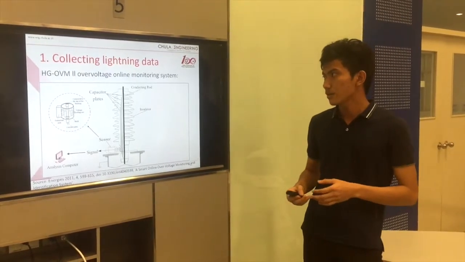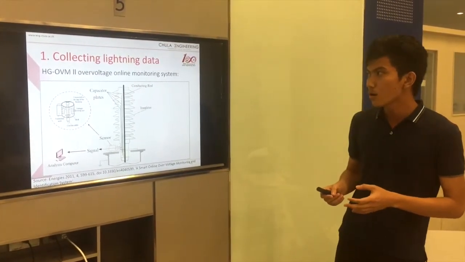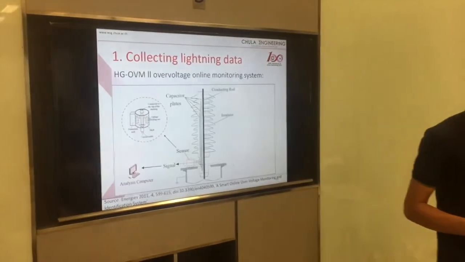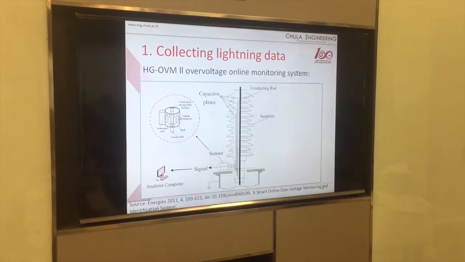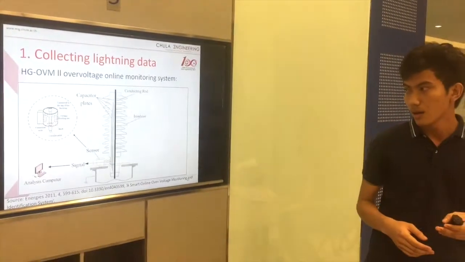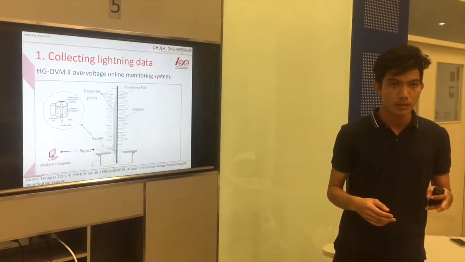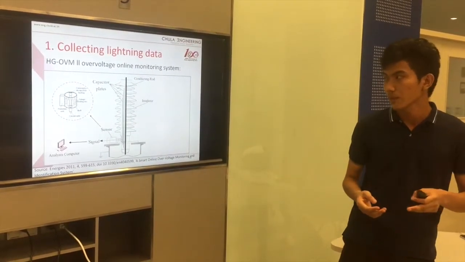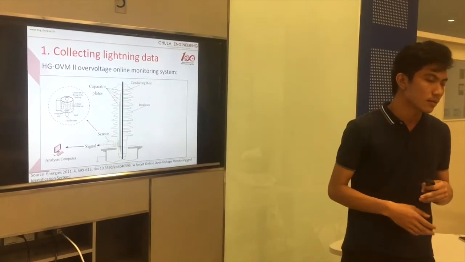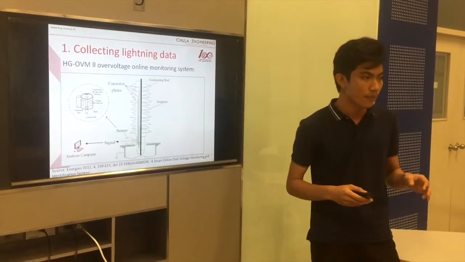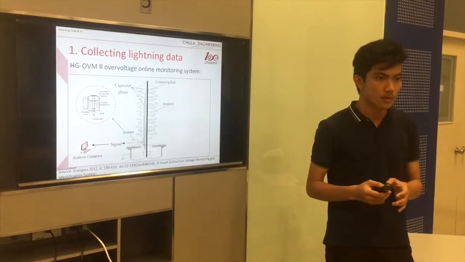The system is called the overvoltage online monitoring system. They use it to capture the lightning that occurs on the power system. They collected about 500 lightning strikes from 2007 to 2014, and all this data is used for both experiment and simulation.